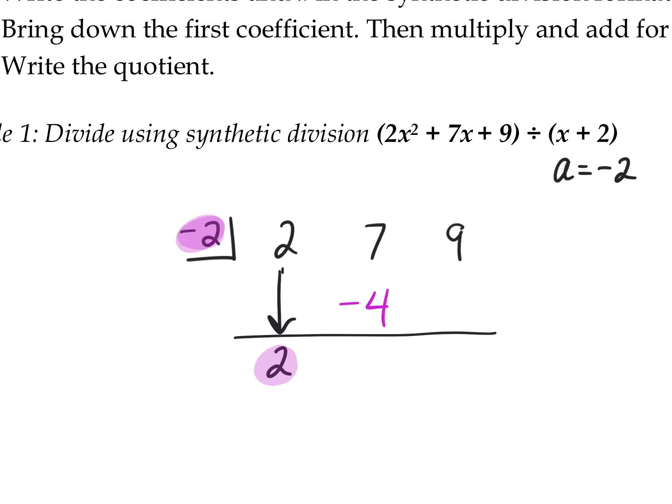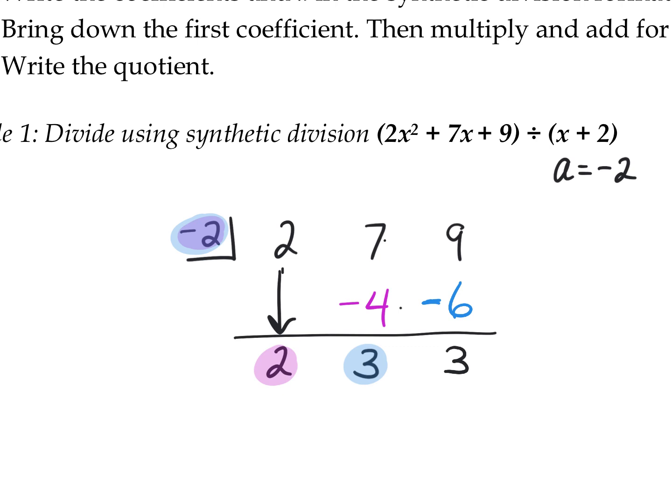Then I add that column. 7 minus 4 is 3. Now I multiply -2 times 3, and I get -6. Then again, I add that column, 9 minus 6 is 3.